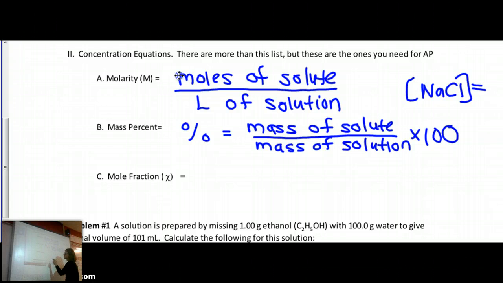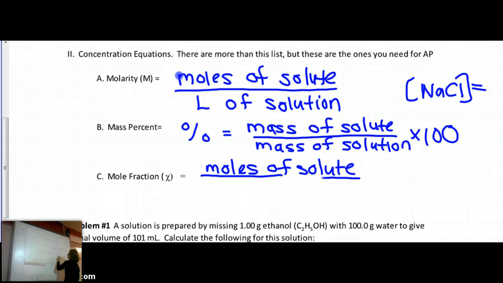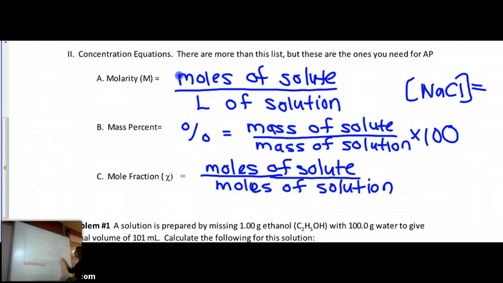The mole fraction is calculated as the moles of solute over the moles of solution. You can think of that denominator as the total moles of solution. Remember, mole fractions are unitless as well, because moles top and bottom cancel out.